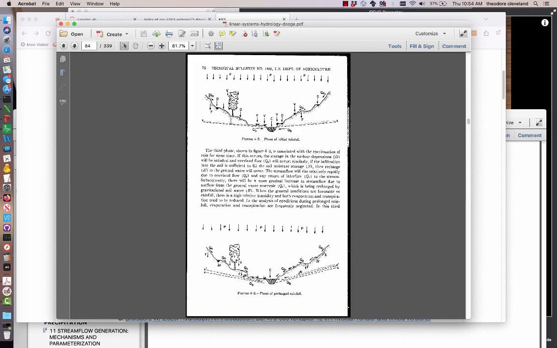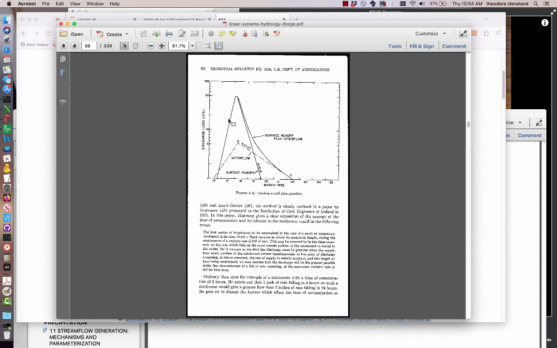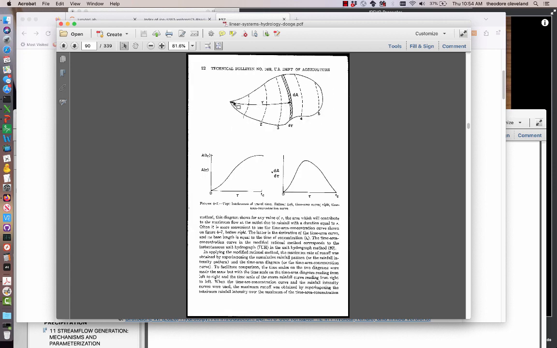It has some nice pictures and words, not a whole lot of arithmetic, so it should be well accessible to any of us. It goes on to describe the concept of distance from an outlet, contributing area, and time of travel.